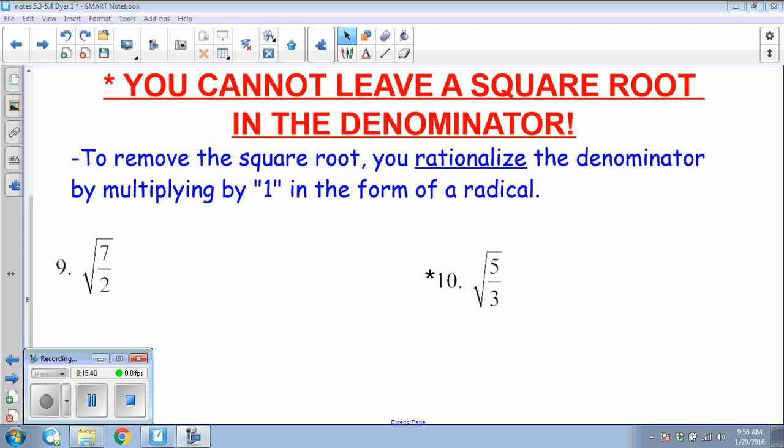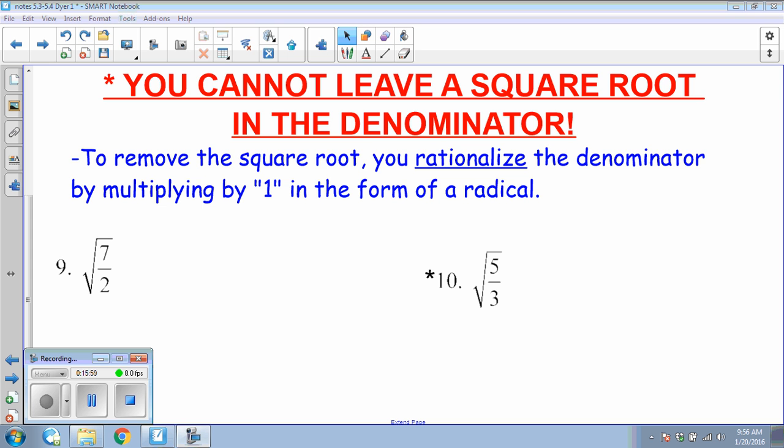The square root of 4 times the square root of 4 is the square root of 16, which is 4. So, if you take any square root and multiply it times itself, the radical disappears. That's ultimately what ends up happening.